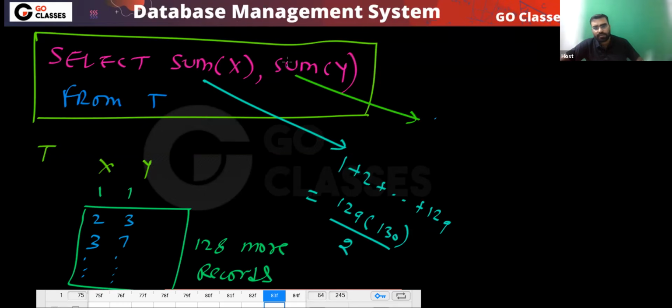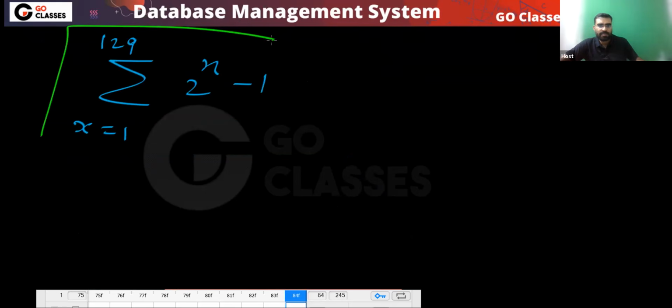Of course, it will be very complicated. So what will it be? You will do the summation of all of them. So basically you will do the summation of 2 power x minus 1, where x is going from 1 to 129. Correct? Yes or no? This will be the summation of 2 power x minus 1.